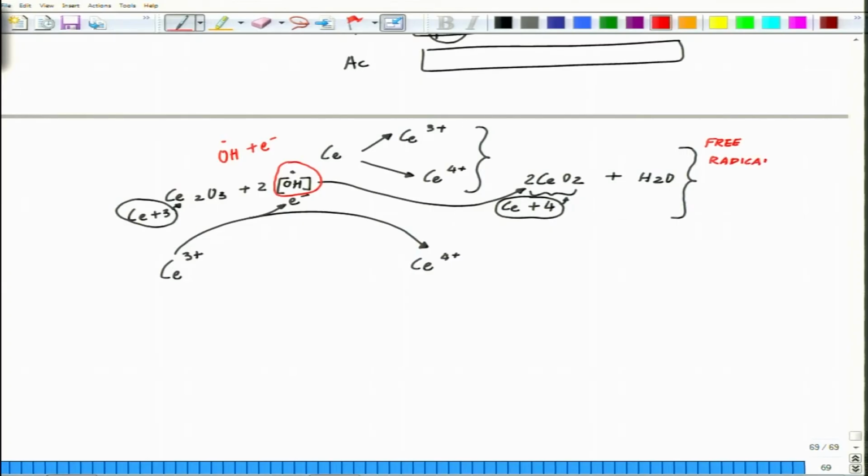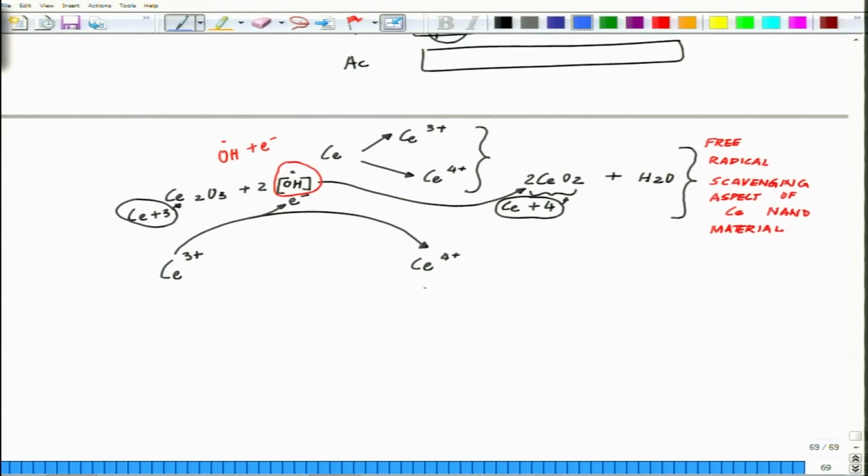This is the free radical scavenging aspect of ceria nanomaterial. Now, there is another set of surface reactions which happens, and that is what provoked Professor Hickman to suggest the other way around.